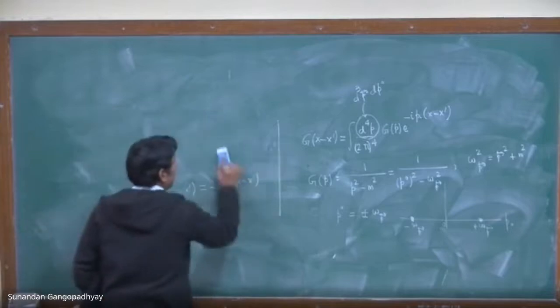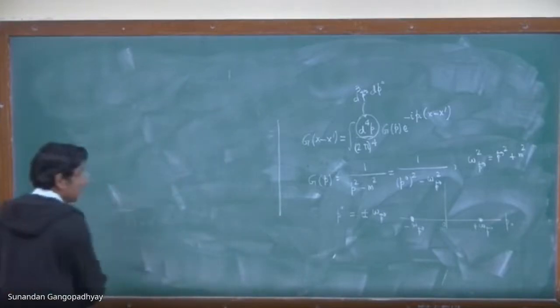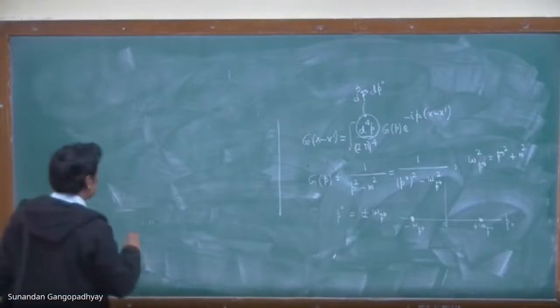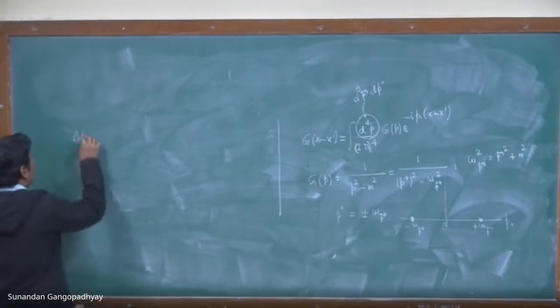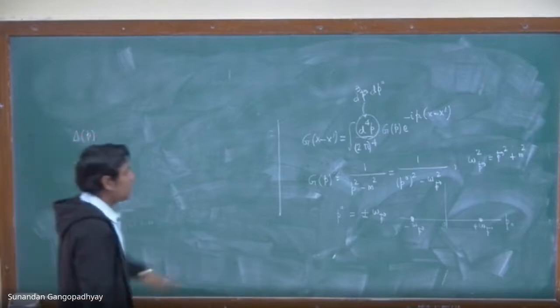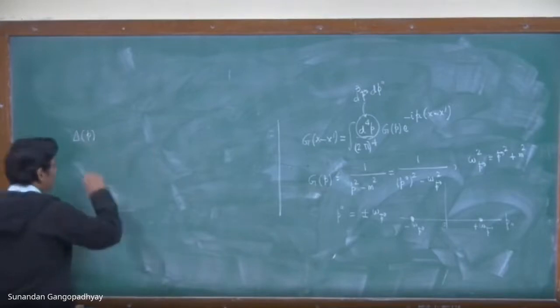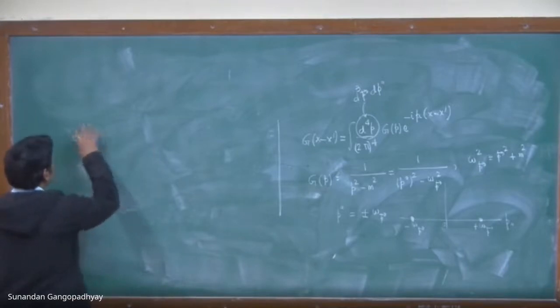So let us see what the epsilon prescription is. The epsilon prescription is nothing but you replace this G(p), the Green's function in momentum space, by some function which I call Delta F(p).